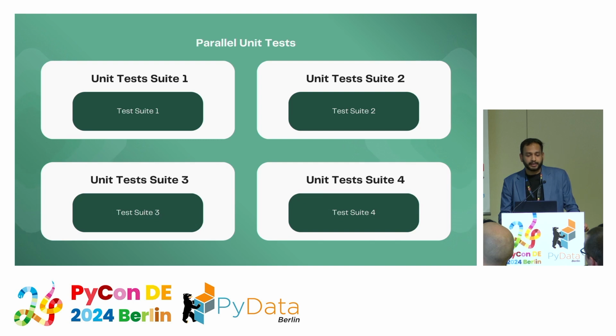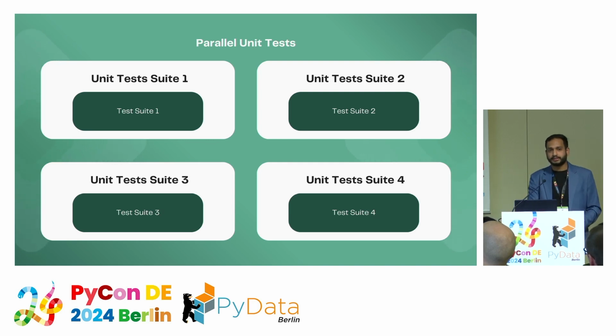So the other idea is that we make all of these test suites completely independent. That is somewhat what OpenEdX is doing right now. Every single microservice that they have built inside their monorepo, they execute all of their unit tests individually.